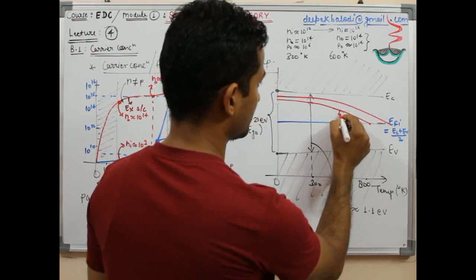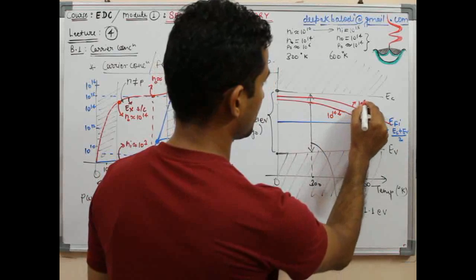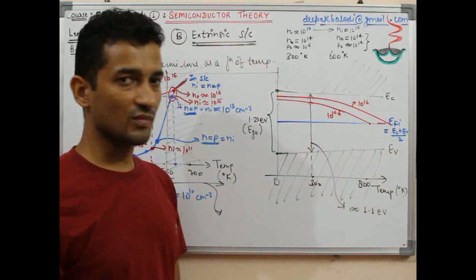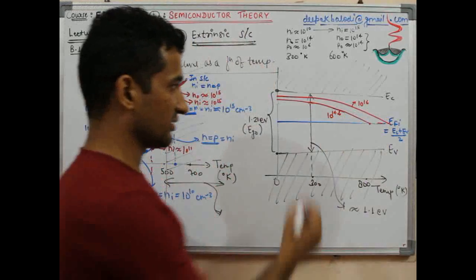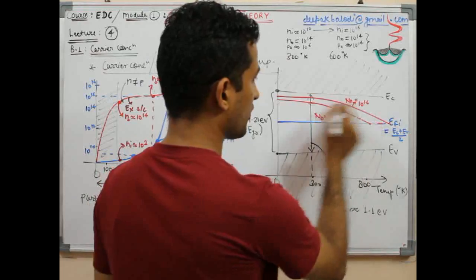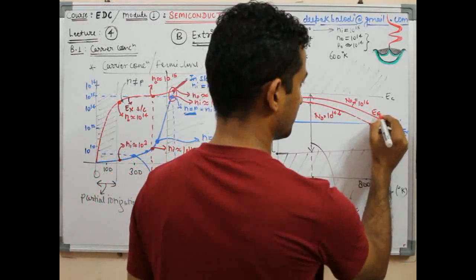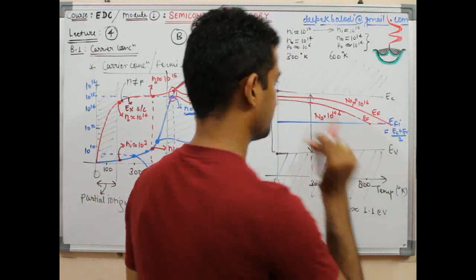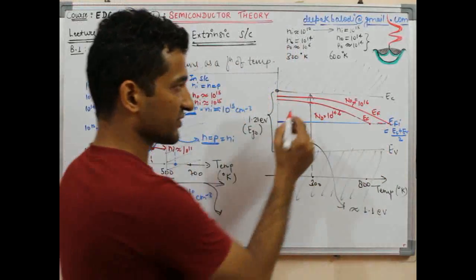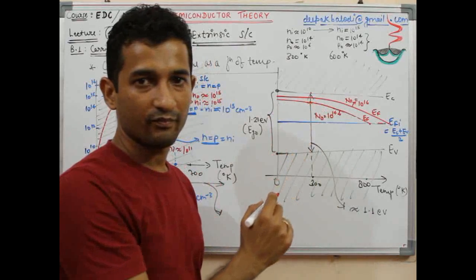So maybe this is for 10 to the power 14 and this is for 10 to the power 16 doping concentrations. So this is for ND. And what are these curves? These are the curves of the Fermi level, EF.